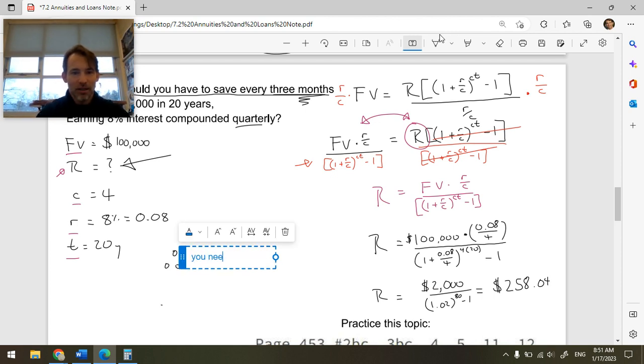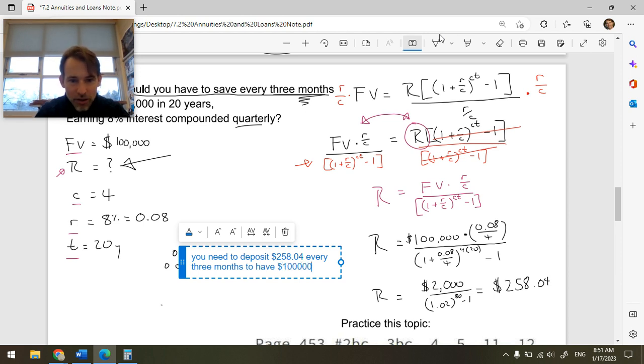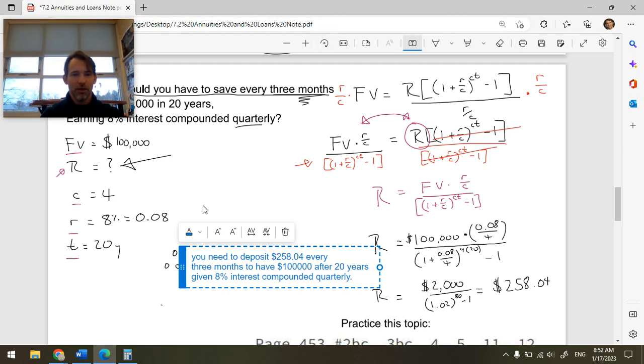Therefore, you need to deposit $258.04 every 3 months to have $100,000 after 20 years, given 8% interest compounded quarterly. There you go. There's our therefore statement. Beautiful.